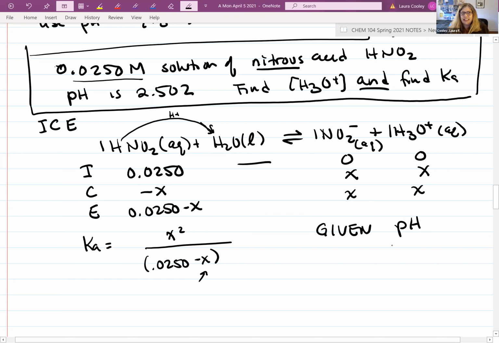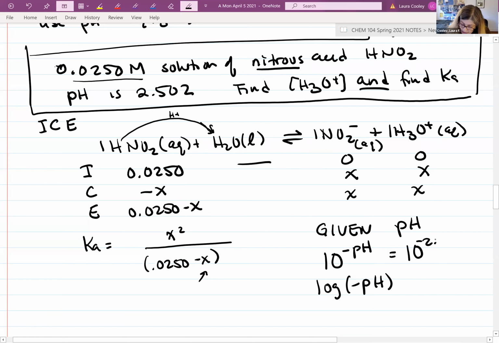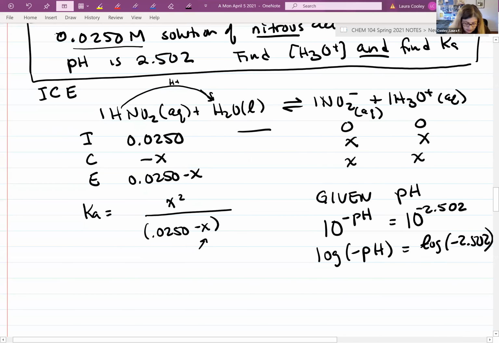So essentially you're given the H3O plus concentration, because you can find 10 to the negative pH, or the inverse log of negative pH, so 10 to the negative 2.502, depending on your calculator.